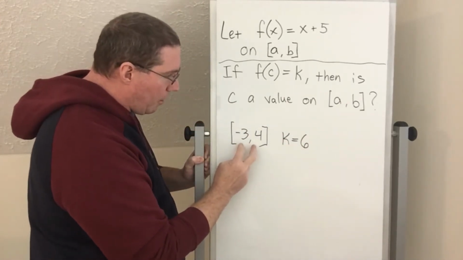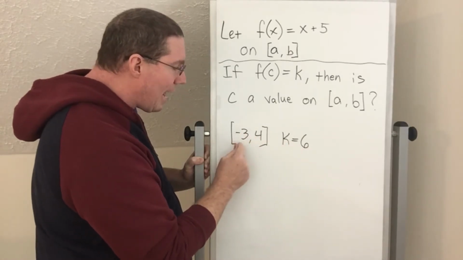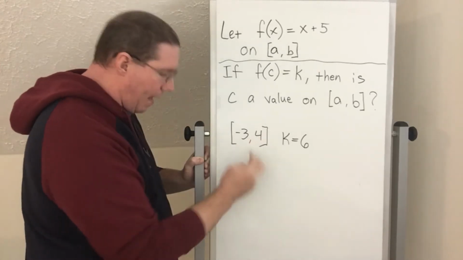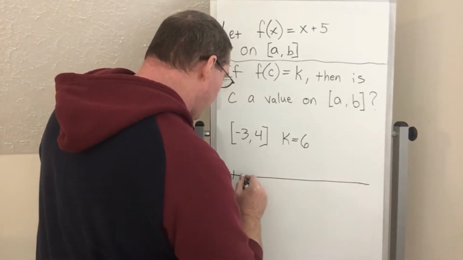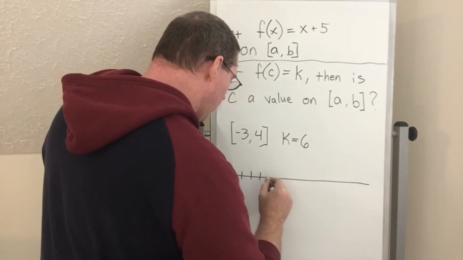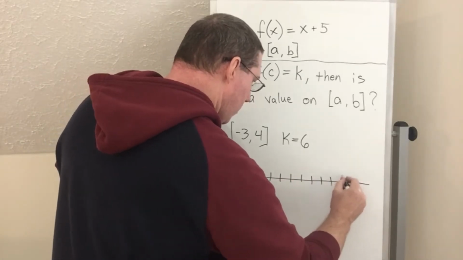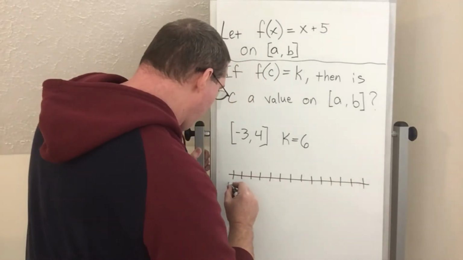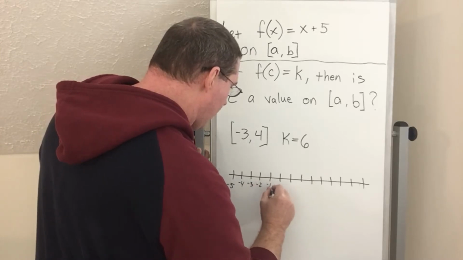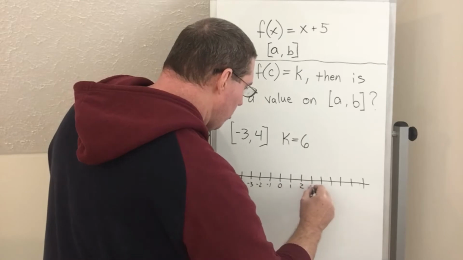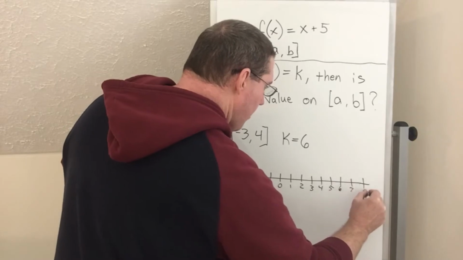Now, since we're given this information down here, we're told that k is equal to 6, and we're told that a is -3 and b is 4. So this interval from -3 to 4, okay? Let's draw a number line here, okay? So let's say we got here -5, -4, -3, -2, -1, 0, 1, 2, 3, 4, 5, 6, 7, and 8, right?